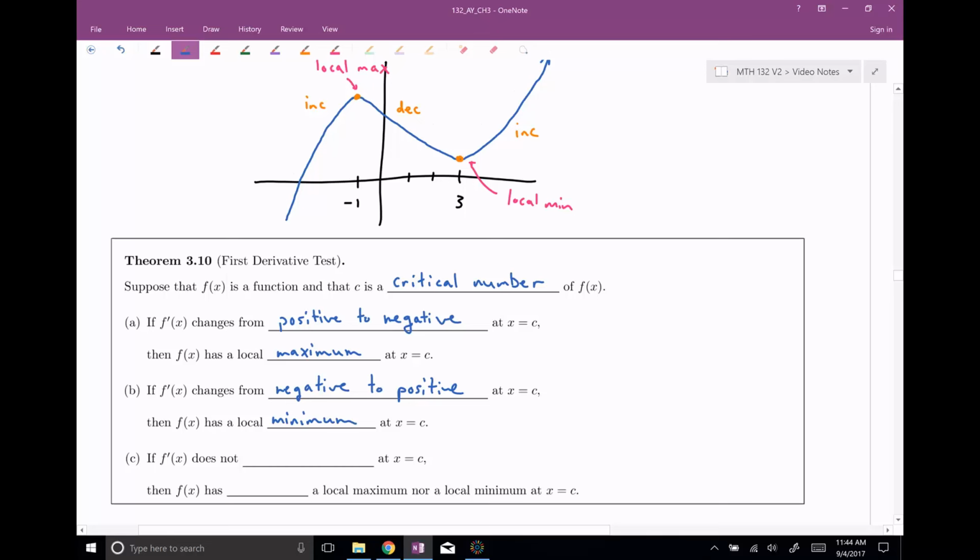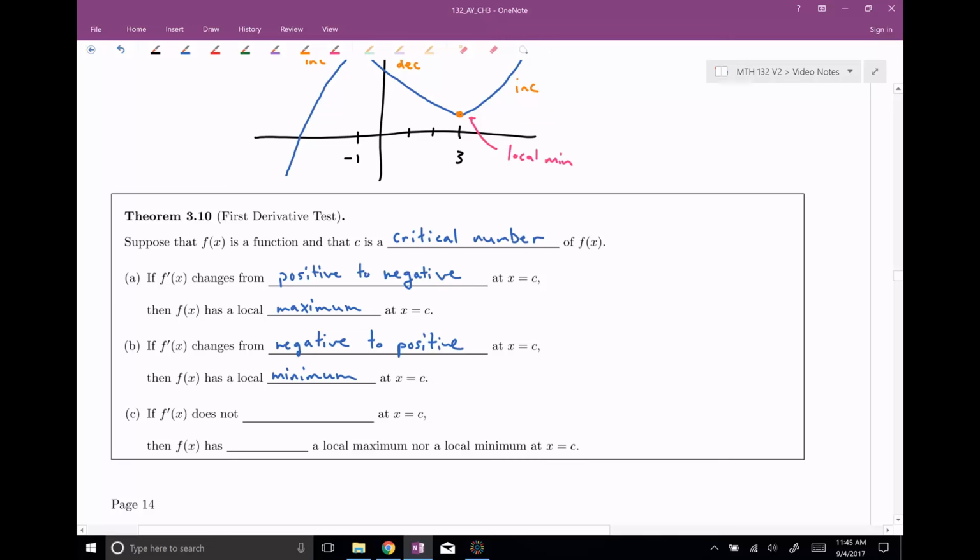And then finally, if the derivative does not change sign, so that is, it goes from positive to positive or from negative to negative, there's no sign change. Then the claim is f has neither a local minimum nor a local maximum at c.